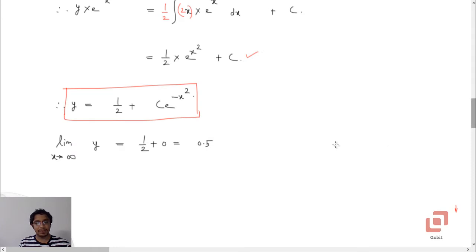Just take the limit of this particular function. No matter what c is, because of the decreasing nature of this function, and although it is going to be always positive, we know that the limit of this function as x tends to infinity is 0.